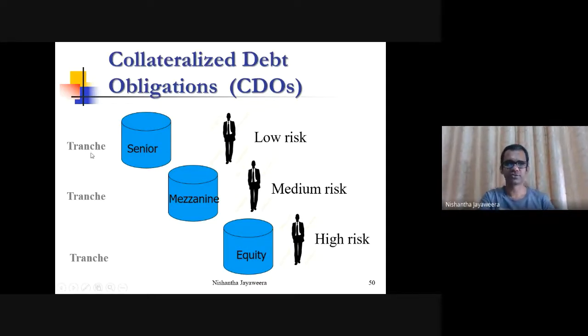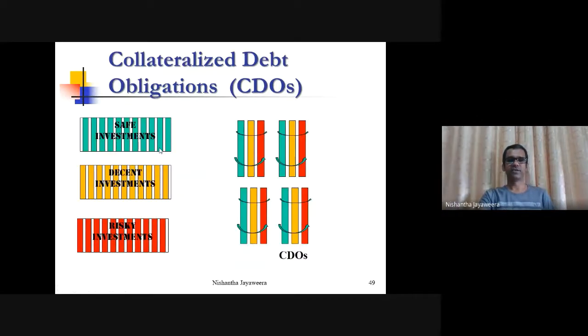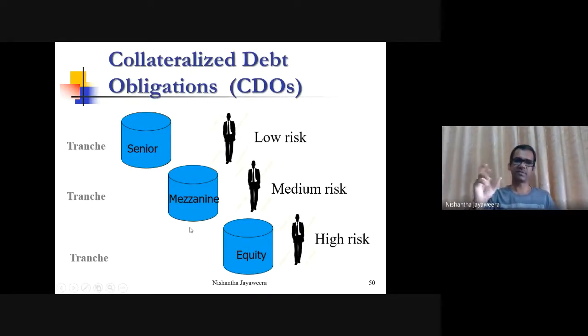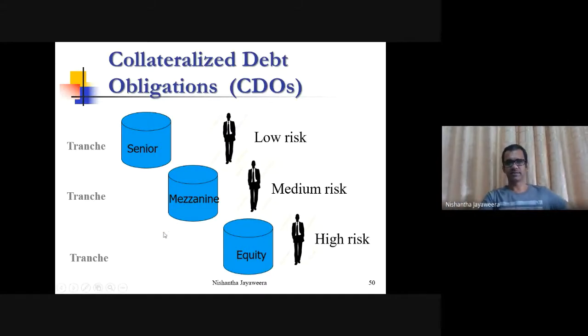What are the cash flows or the priorities given, or whether they are over-collateralized. Say if the value of the whole loan portfolio is 10 billion, they may issue only 6-7 billion worth of securities. The difference is kept as a cushion, as over-collateralization. So even if some defaults occur, it won't affect these payments.